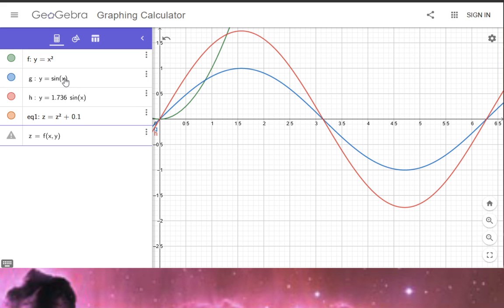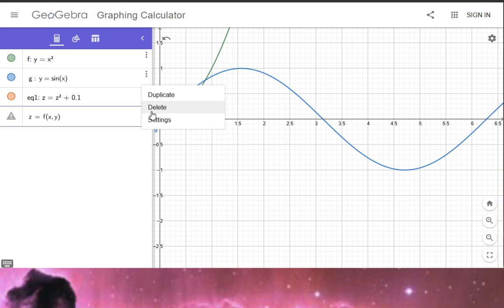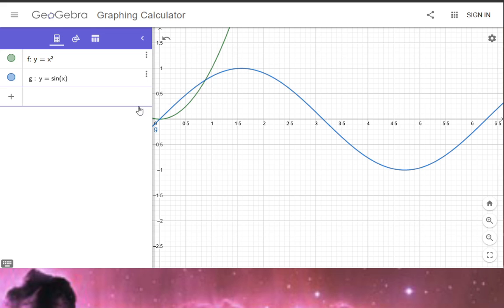So x, in this case, let's say if we delete this, and then we put x equals 2 pi f. I think it makes it 2 pi f. Did we just lose a graph?